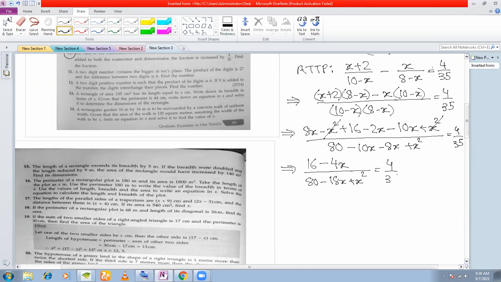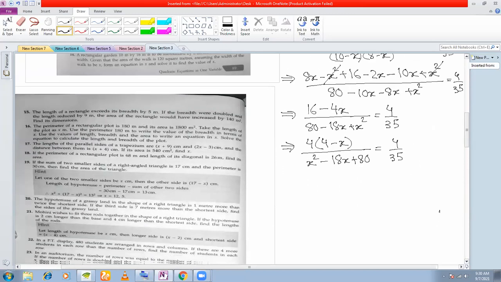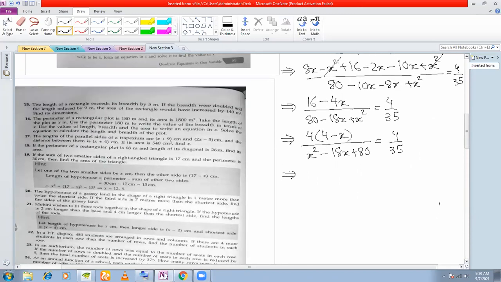Now just to simplify our job before cross multiplication, we are going to take 4 out in the numerator here. Now this 4 and this 4 are going to cancel.